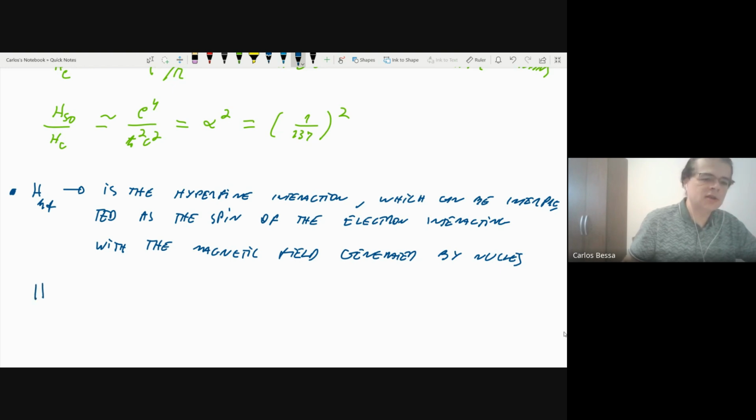So this term here, with the first term, I don't remember now how I'll call, but the kinetic term, I think was H. This is about, again, alpha squared, which is 1 over 137 squared, about 10 to the minus 4.